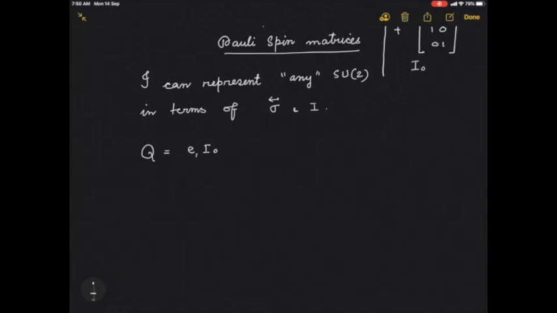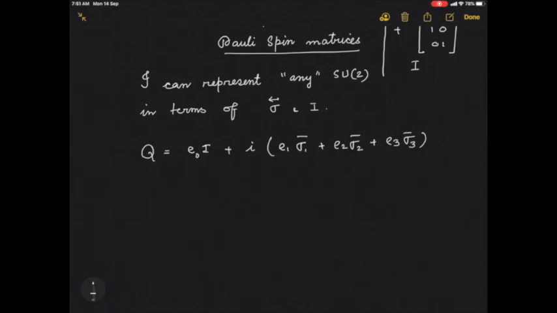Now this I called I0. Okay, let us call it I. Identity plus I E1 sigma 1 plus E2 sigma 2 plus E3 sigma 3.